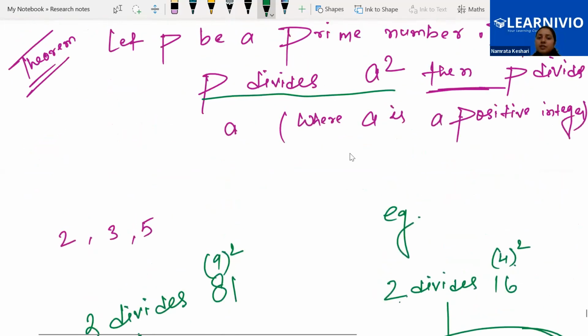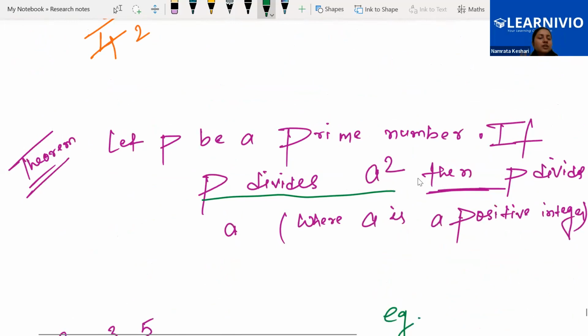We just need to keep this theorem in our mind so that we can apply it directly in our question. What the theorem says: if P is a prime number and if P can divide A square, then P will also divide A. We have seen this with the help of a few examples. If you want more examples, please let me know. We will take them over here.